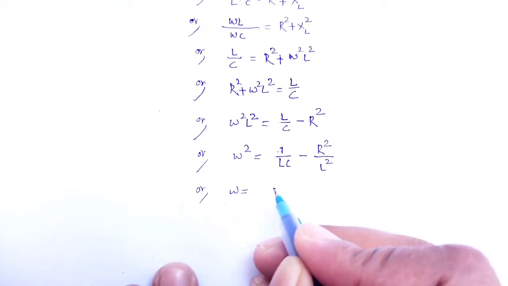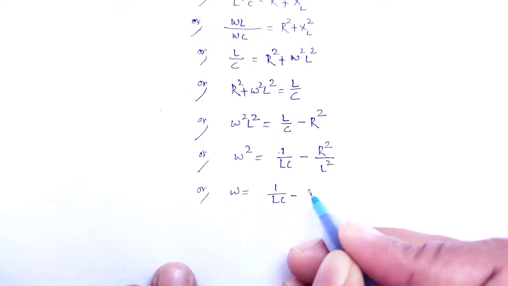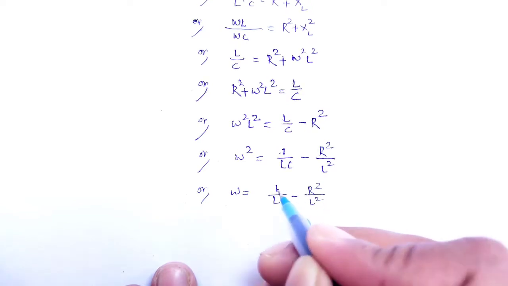Omega is equal to under root of 1 by LC minus R square divided by L square.